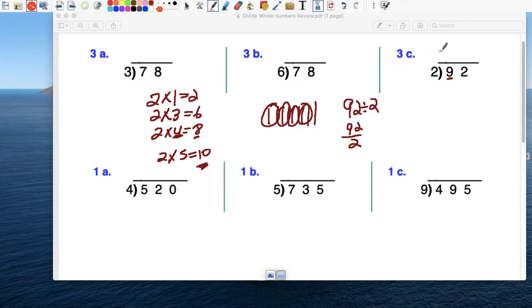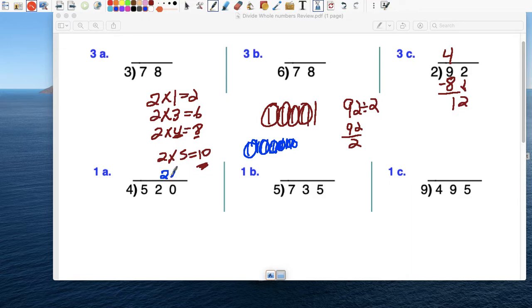How many times can 2 go into 9? 4 times. 4 times 2 is 8. Subtract. 9 minus 8 is 1, and bring the 2 down. How many times can 2 go into 12? You make 12 sticks. How many groups of 2 can you make? 2 times 5 is 10.